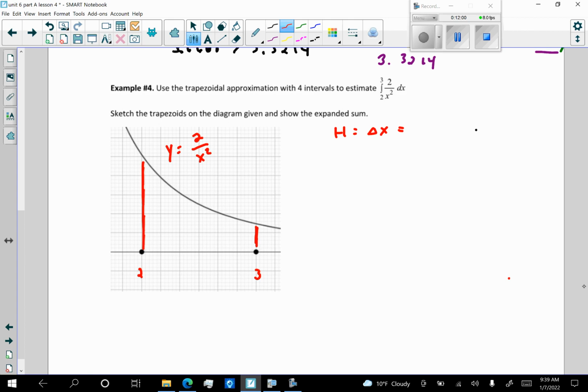So what's delta x? It's going to be 3 minus 2 divided by the number of trapezoids I want to use, and I want to use 4 trapezoids. So the height of each trapezoid will be 1/4. And I can easily divide this partition into 4s.